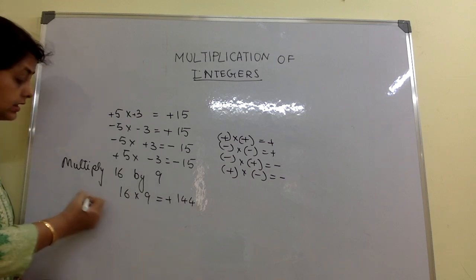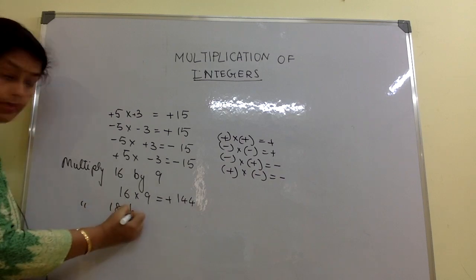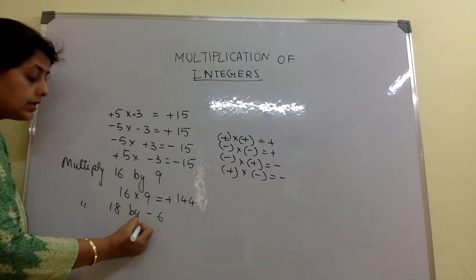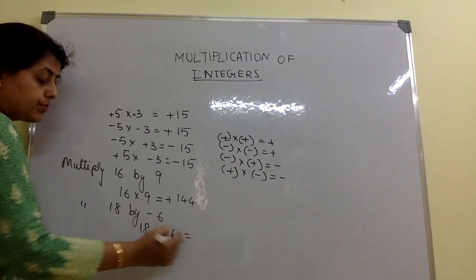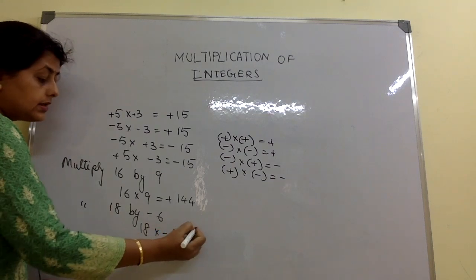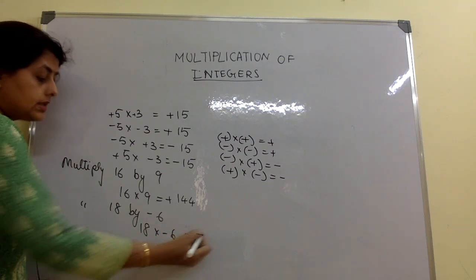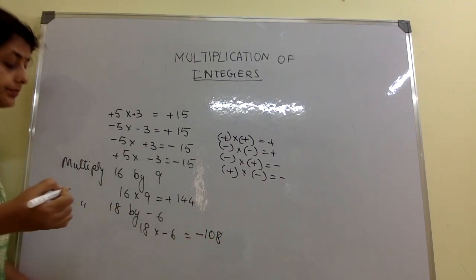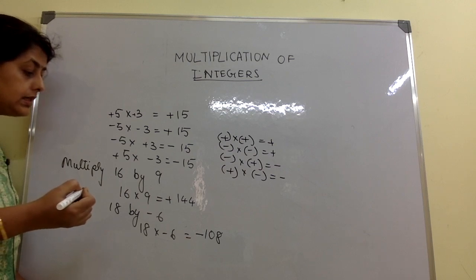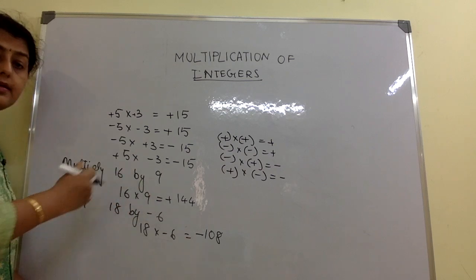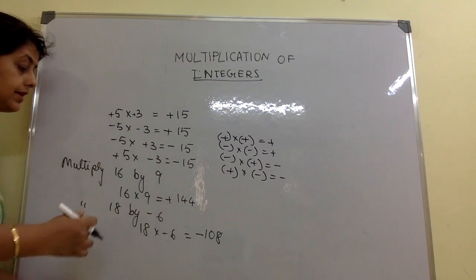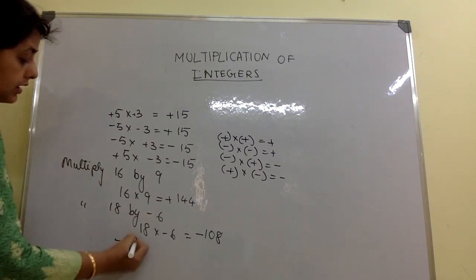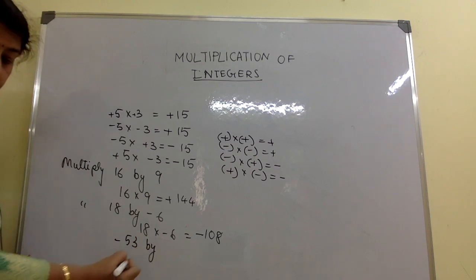Okay, multiply 18 by minus 6. Here 18 into minus 6, plus into minus is a minus, and 18 sixes are 108, minus 108. Now let me take minus 53 by 18.